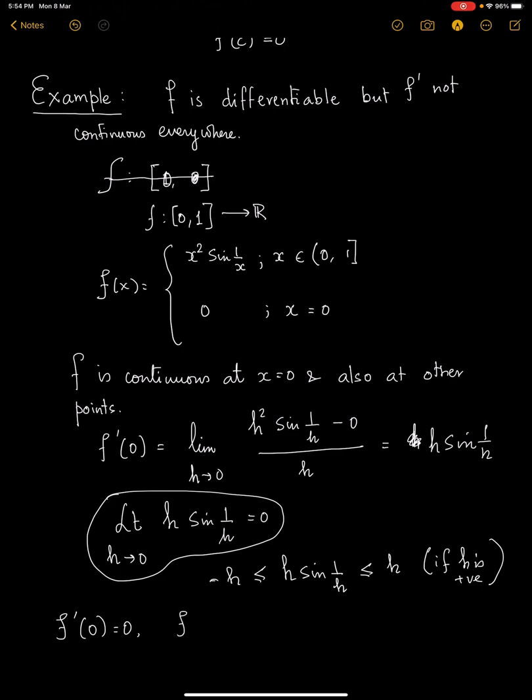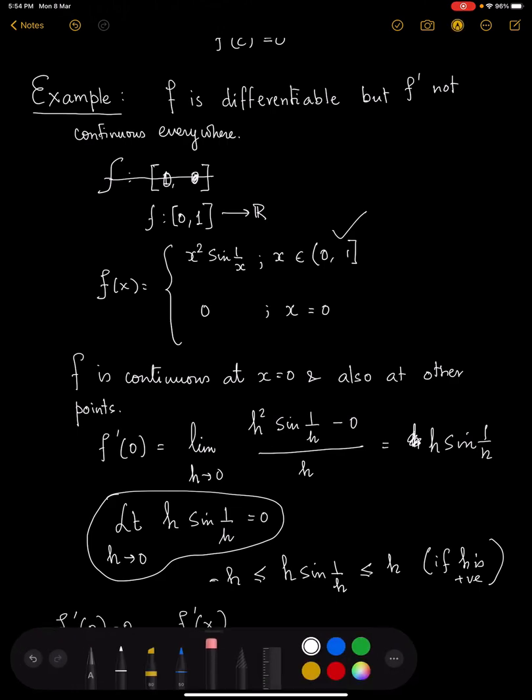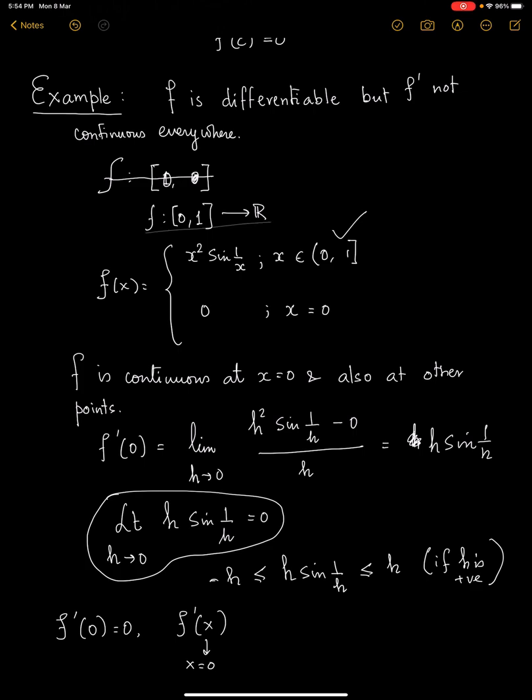At any other x, when x is not equal to 0, let us do the simple differentiation: f dash x is equal to 2x sine 1 by x plus x square cos 1 by x times the derivative of 1 by x, which is minus 1 by x square.